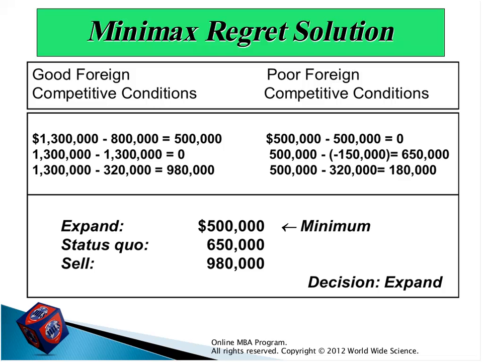So, for each decision, the maximum number at first should be determined. Expand: 500,000 and 0, 500,000 is maximum. For maintain, 0 and 650,000, 650,000 is maximum. And for sell, 980,000 and 180,000, 980,000 is maximum.